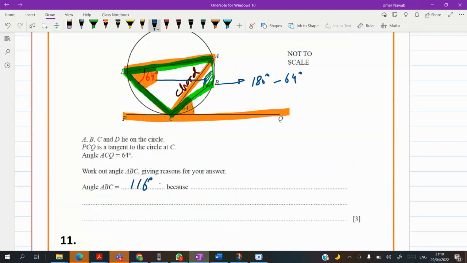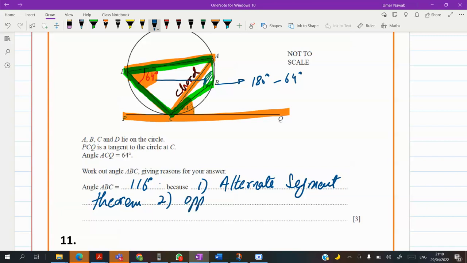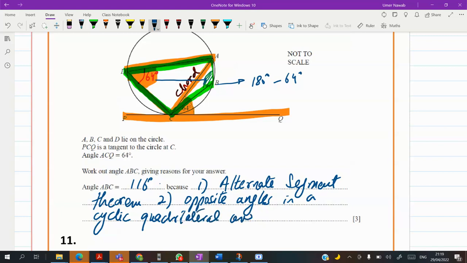So 116. Two properties I used. First one was the alternate segment theorem. Second property is opposite angles in a cyclic quadrilateral are supplementary.